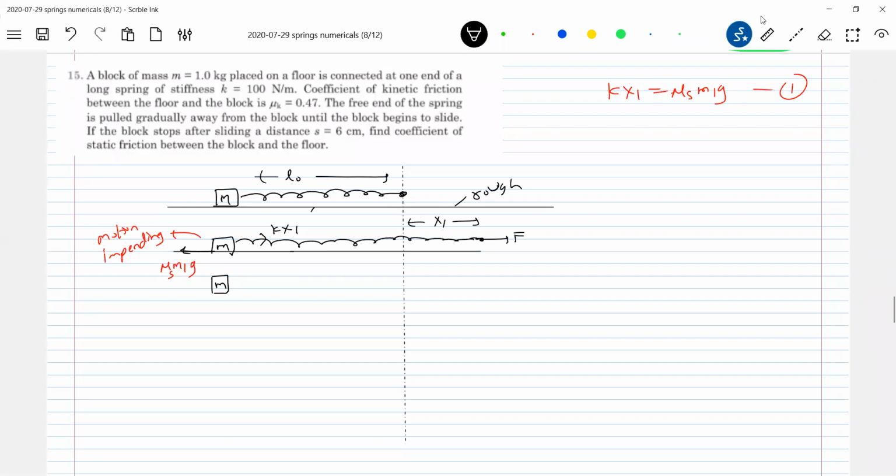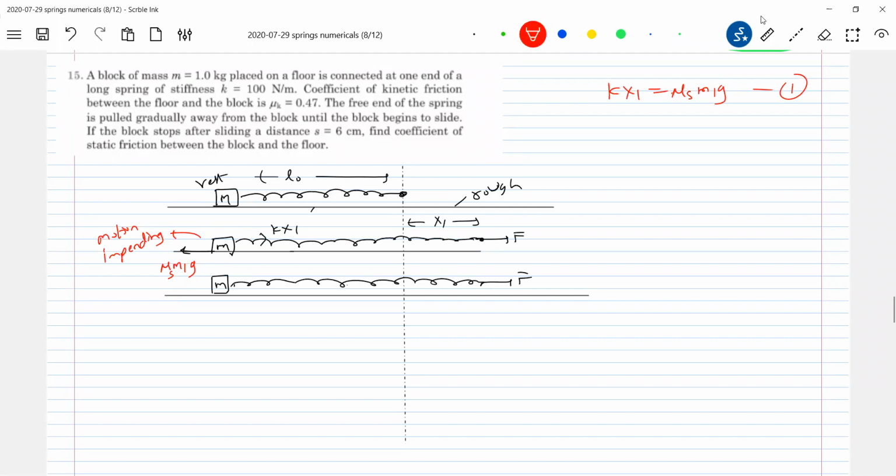Here it is motion impending, here at rest. So what about the friction?